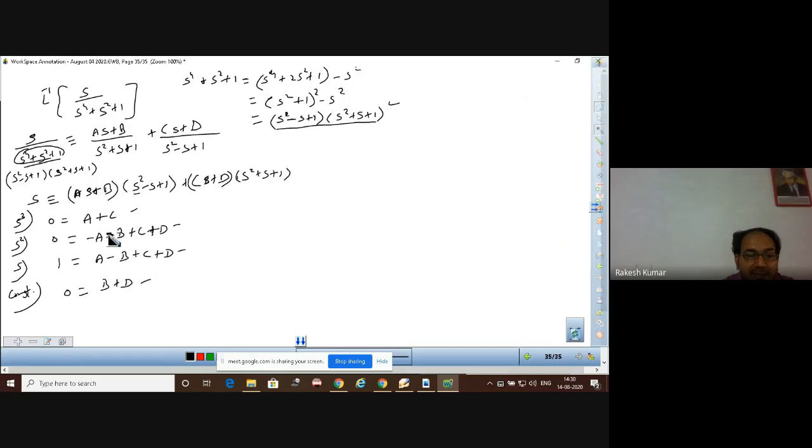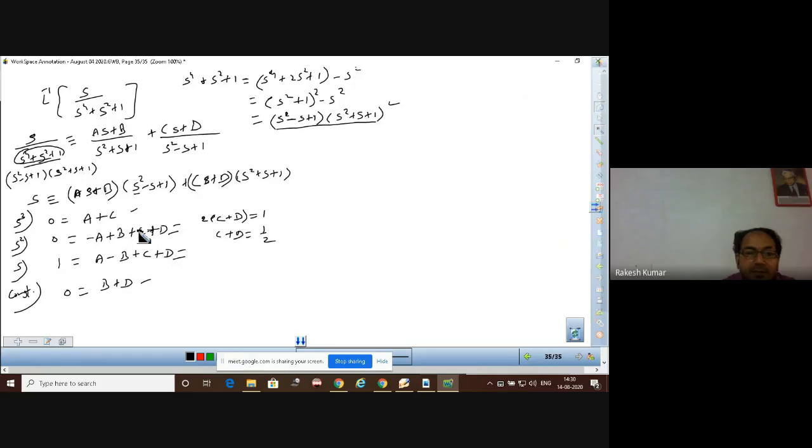Suppose if we add this equation, this one and this one, what will you get? A will be cancelled, B will be cancelled. Ultimately, you will get 2 times C plus D is equal to 1, and then C plus D is equal to 1 by 2.